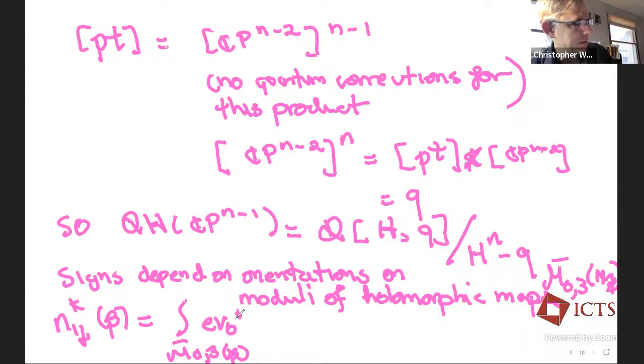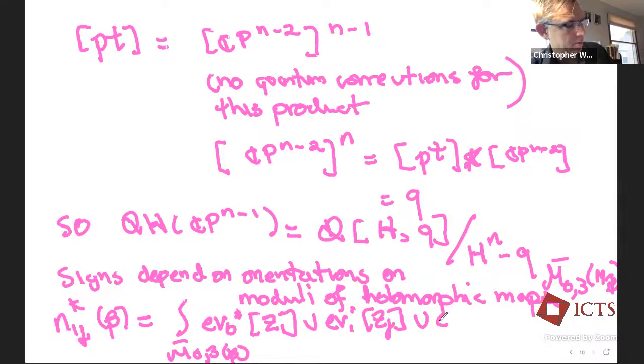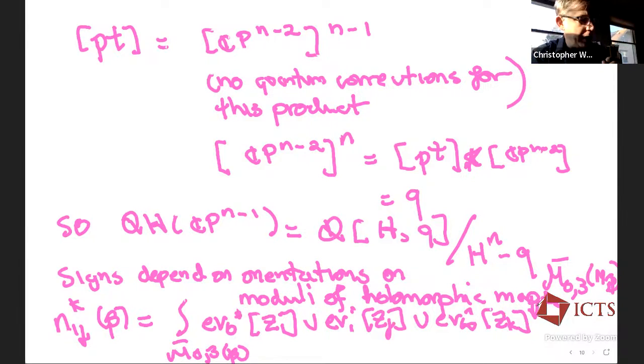I can pull back zeta_i, cup product with the pullback of zeta_j and the pullback of zeta_k dual, and then integrate. So what the orientation gives me is a fundamental class on the moduli space to use for integration.